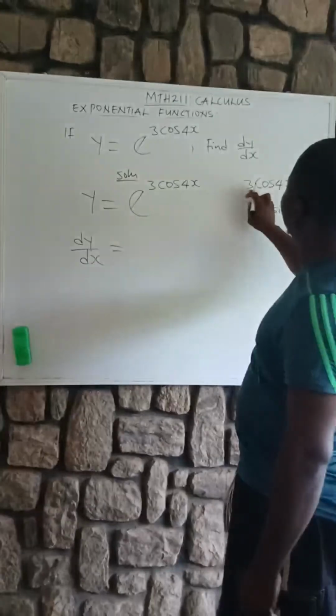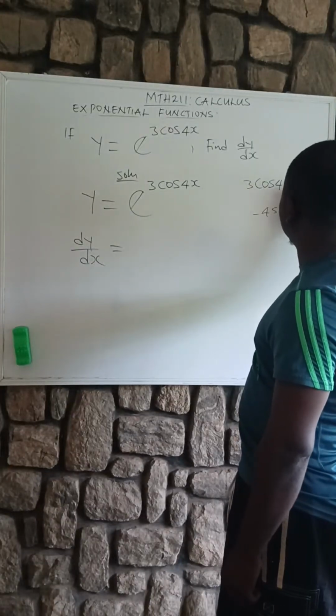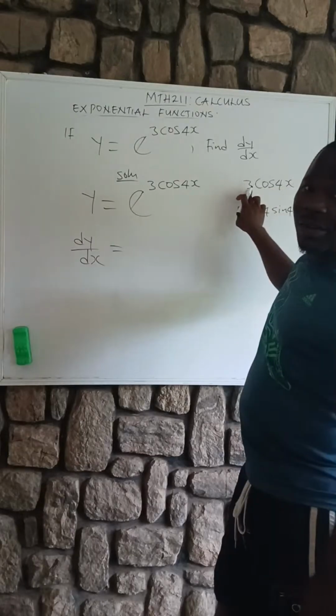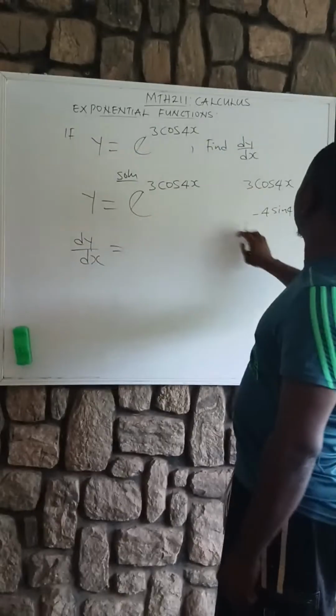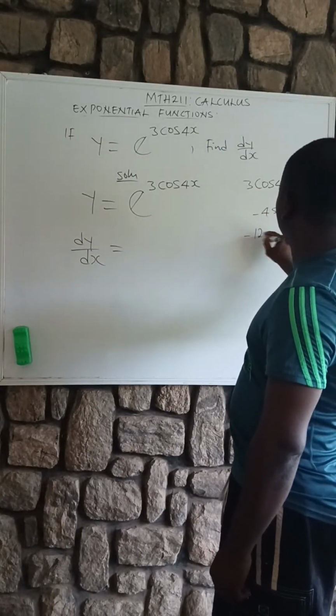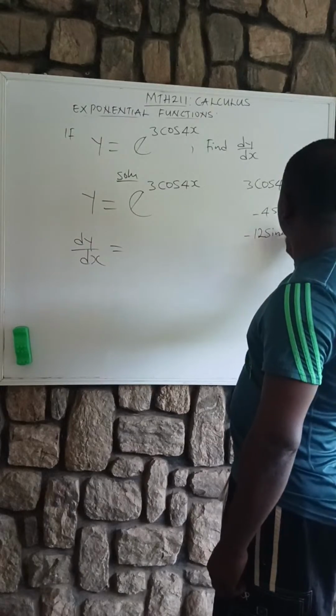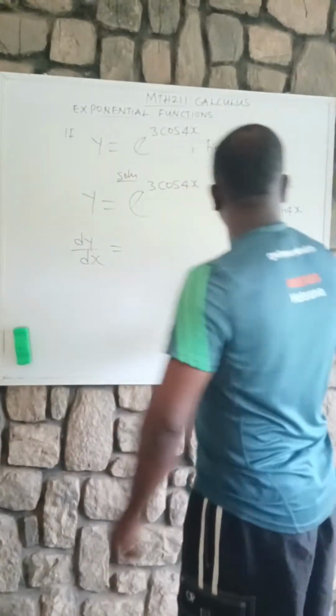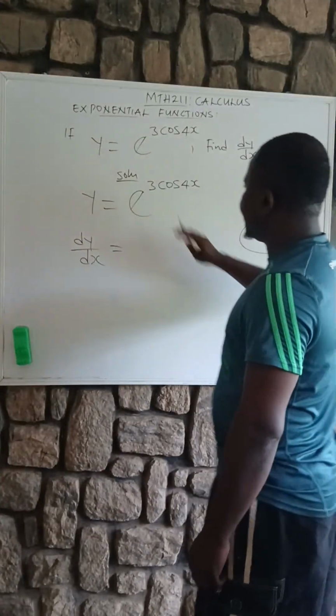But now we have 3 cos 4x. So if we are to differentiate 3 cos 4x, know that there is a constant which is 3. So you use this 3 to multiply this 4. You are going to have minus 12 sine 4x. So you use this to multiply the function.